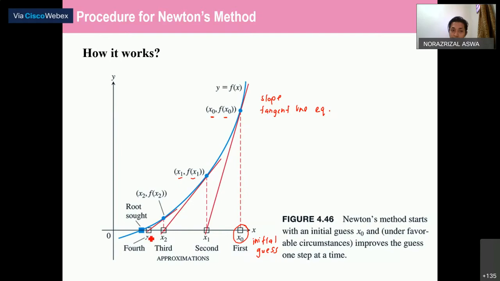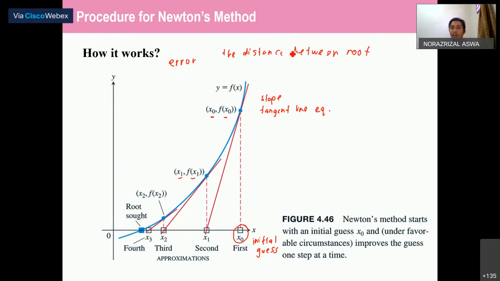Repeat again and again until the approximation of the root satisfies our condition. The condition here is actually the distance between our root. The root is the point here, the root that you want to find.